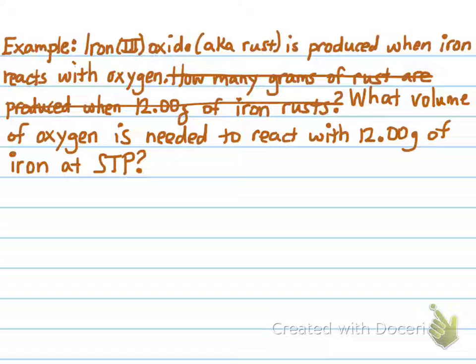So the second part of this example was what volume of oxygen is needed to react with 12 grams of iron at STP. So again, we have our equation, and I'm just going to recopy our equation because we already wrote it and balanced it once, right? So we don't need to do that again.